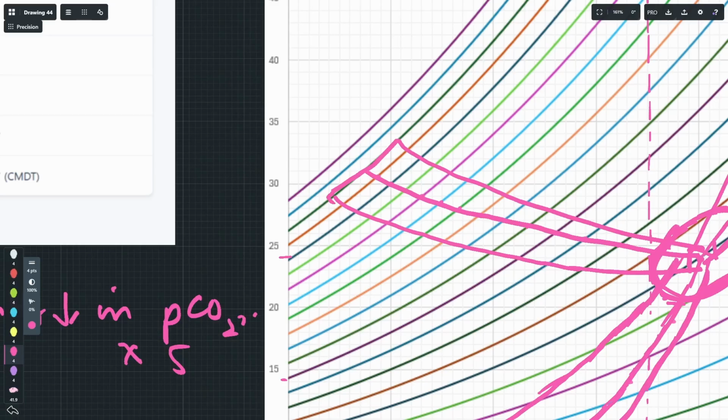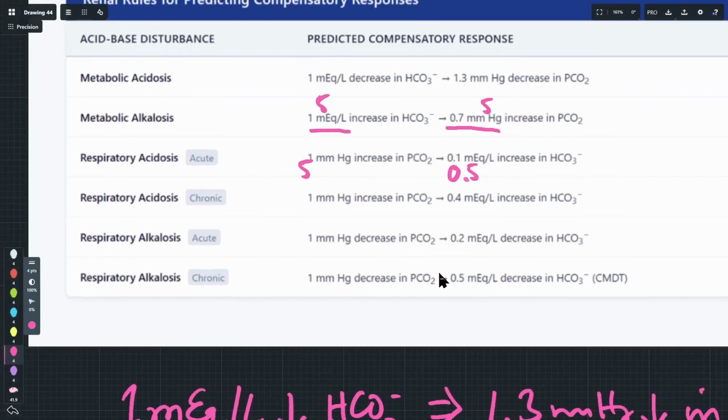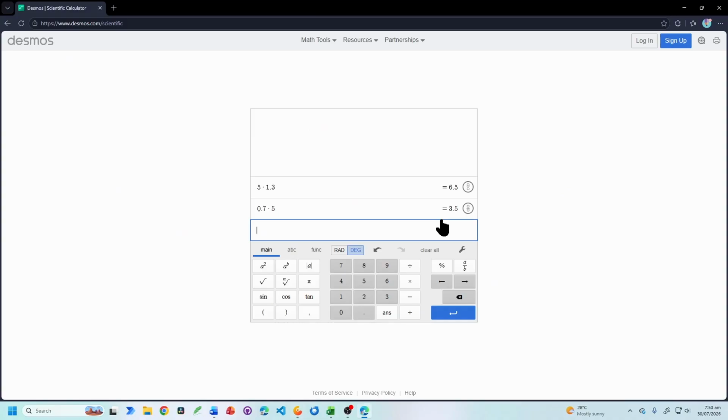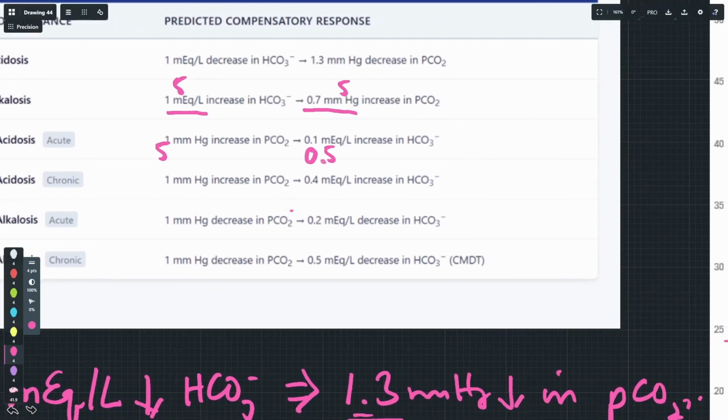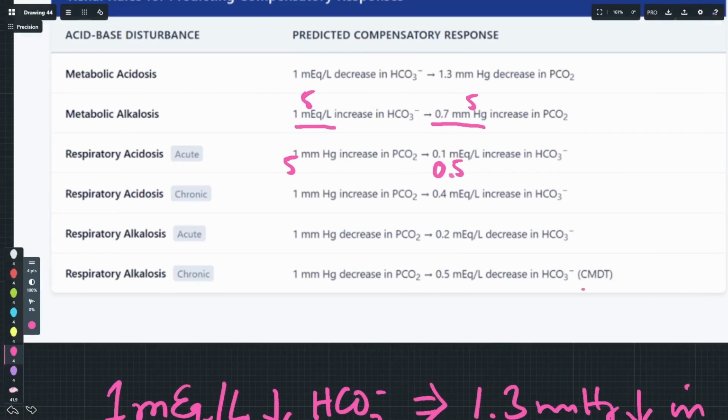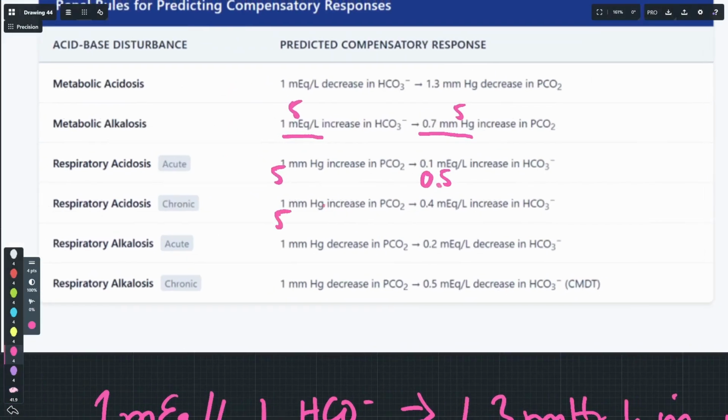How about chronic? For chronic, we have this rule that 1 mmHg increase in PCO2 means 0.4 milliequivalent rise in HCO3, and 0.4 multiplied by 5 would be 2 units. So every 5 unit rise in PCO2 would be 2 unit increase in HCO3.